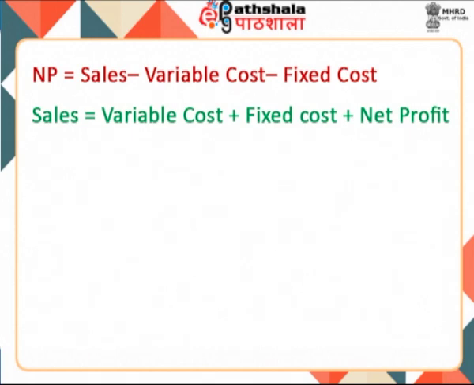We also know that sales is equal to number of units sold multiplied by selling price. Thus, we can represent the equation as N multiplied by SP, that is selling price, is equal to N multiplied by variable cost per unit plus fixed cost plus net profit, that is N multiplied by SP is equal to N multiplied by VC plus F (fixed cost) plus NP (net profit).